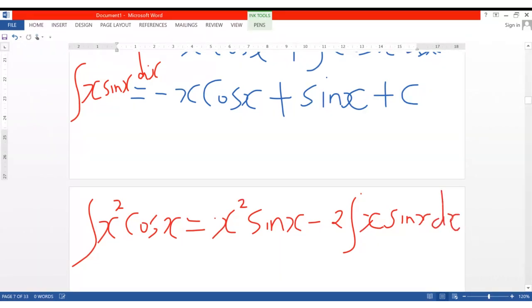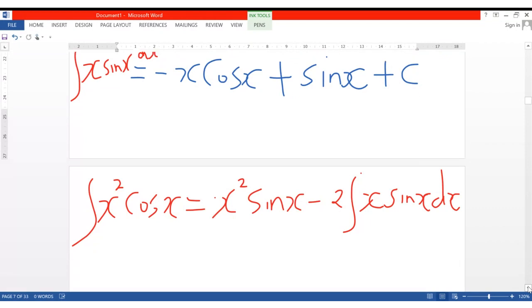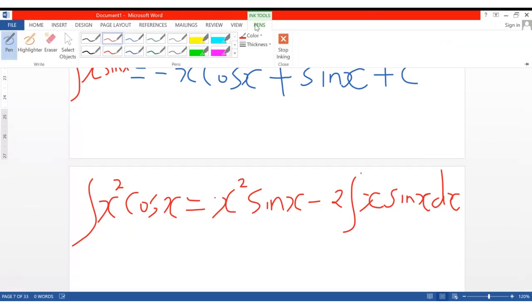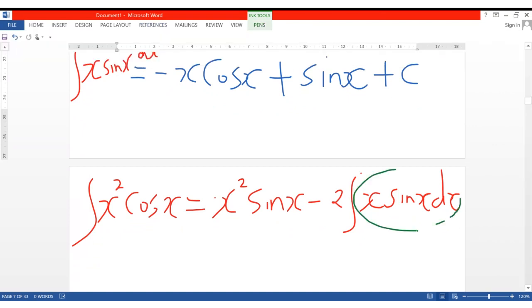That's the first integration by parts we did. But we have later integrated this function here, so I just need to replace it now.